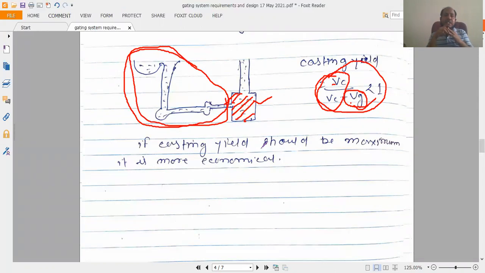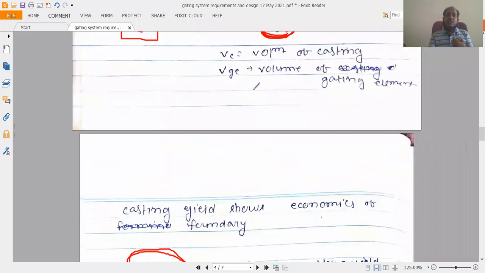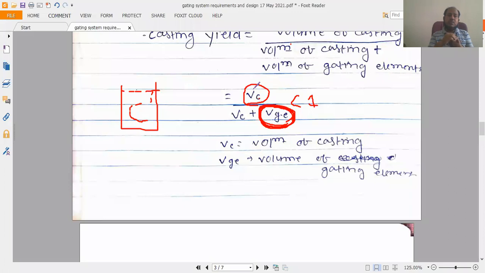at the time of making the casting, so that our casting should be economical, free from defects, and properly solidified. There should be no turbulence in the gating system, no dross formation, means no metal oxide formation in the casting, and no mold erosion to the casting.